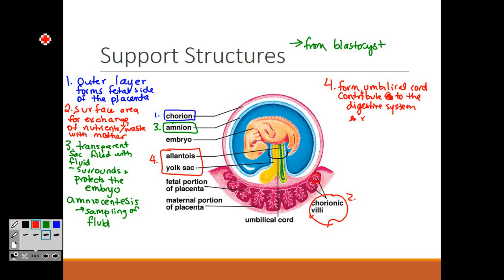But very specifically, they have no nutritive function in humans. And I'm mentioning this because we're going to look at a thought lab in a few minutes. And the thought lab is going to compare what's going on with human support structures versus other species.